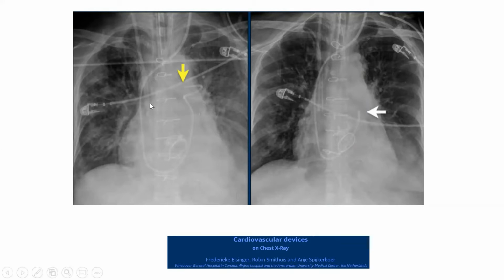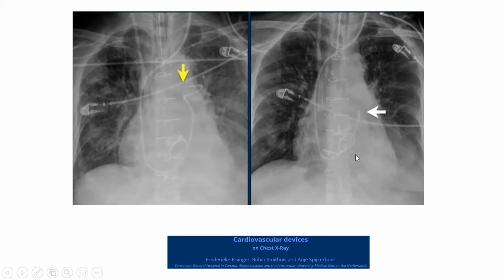And you see the sternal wires, and probably this patient has a tricuspid ring here, this one. And this one is a Swan-Ganz catheter. This catheter and this catheter are for the same patient after manipulation. Which one is the right position? Is it this one or this one?